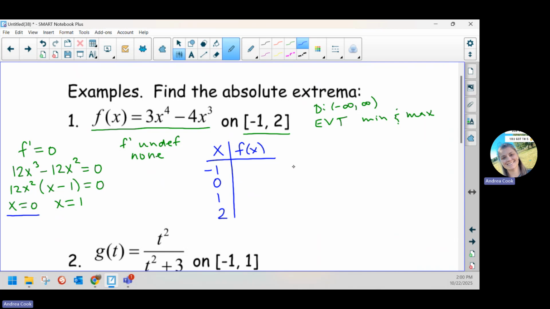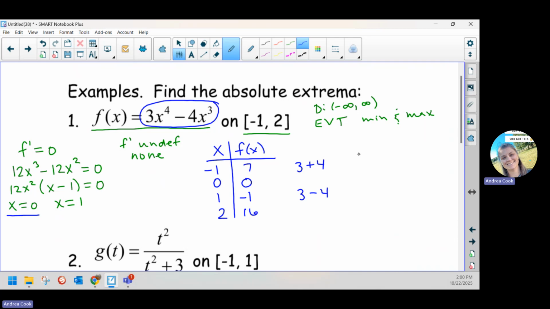When I plug in -1, that's going to give me 3 plus 4, so 7. When I plug in 0, I get 0. So again, I'm plugging it into this function right here. When I plug in 1, I get 3 minus 4, which is -1. And when I plug in 2, I get 16.